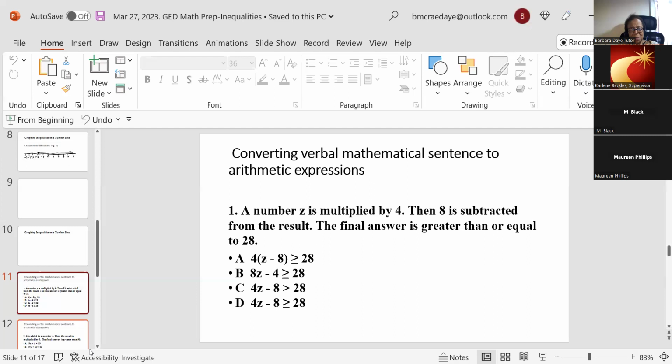Okay, a number multiplied by 4. A number Z is multiplied by 4. Uh-huh. 8 is subtracted from the result. The final answer is greater than or equal to 28. Good. So the number is eight.